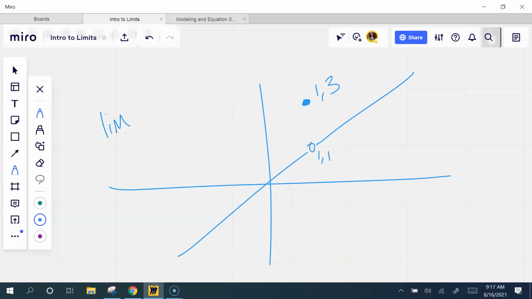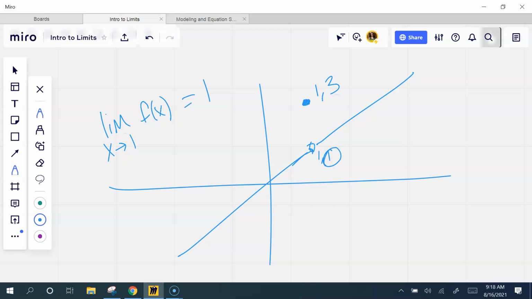The limit as x goes to 1 of f of x is not 3 this time. It's still 1. As I get closer, and it's only leaving out that 1 point, as I get closer and closer to 1 here, this value is getting closer and closer to 1.